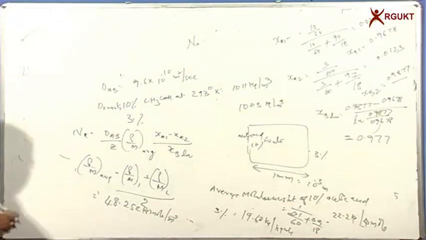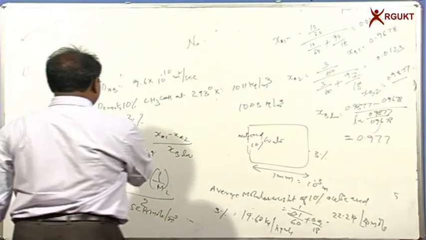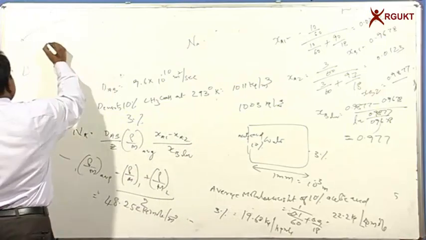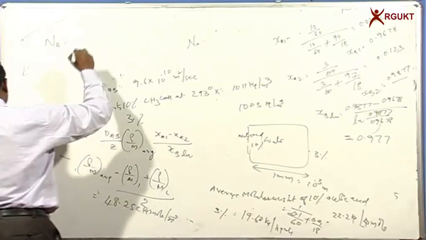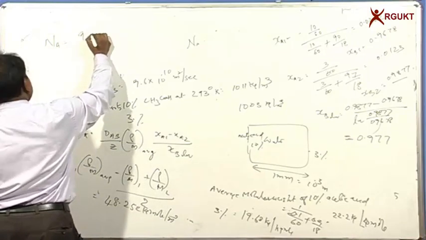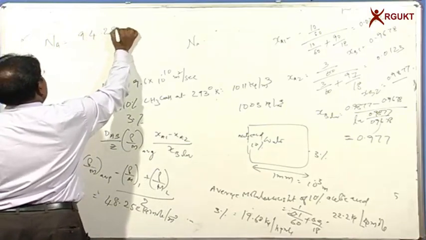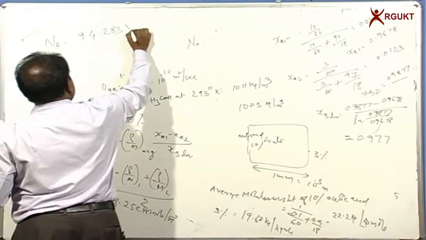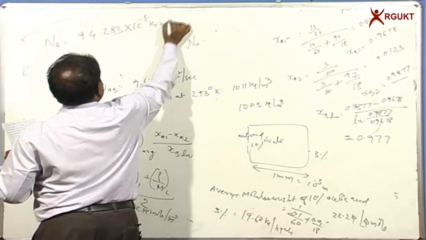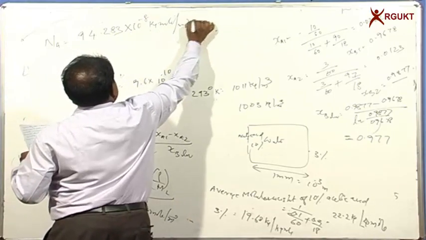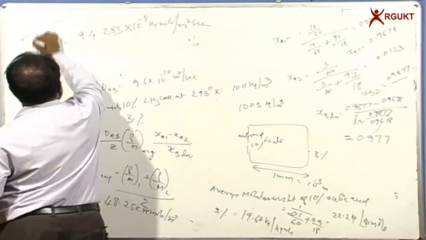So you know rho by M average, you know the concentrations, we know DAB. So now NA is equal to 94.283 times 10 power minus 8 kg moles per meter square per second.